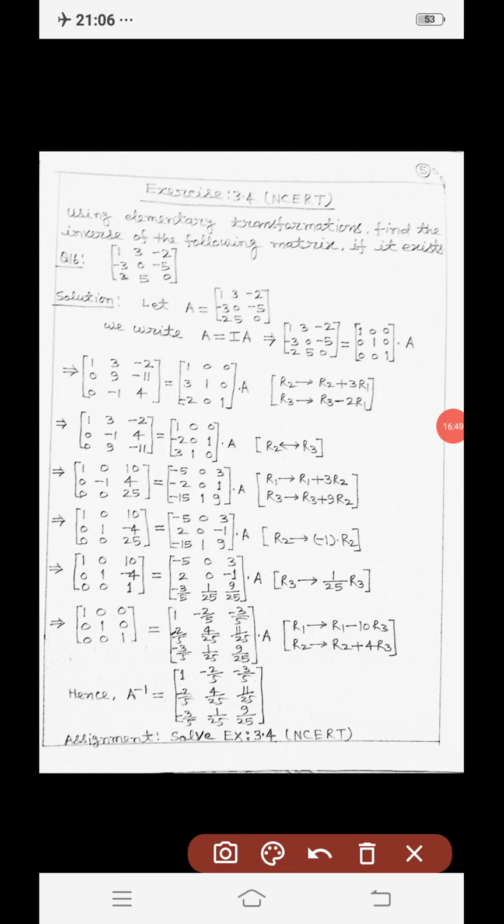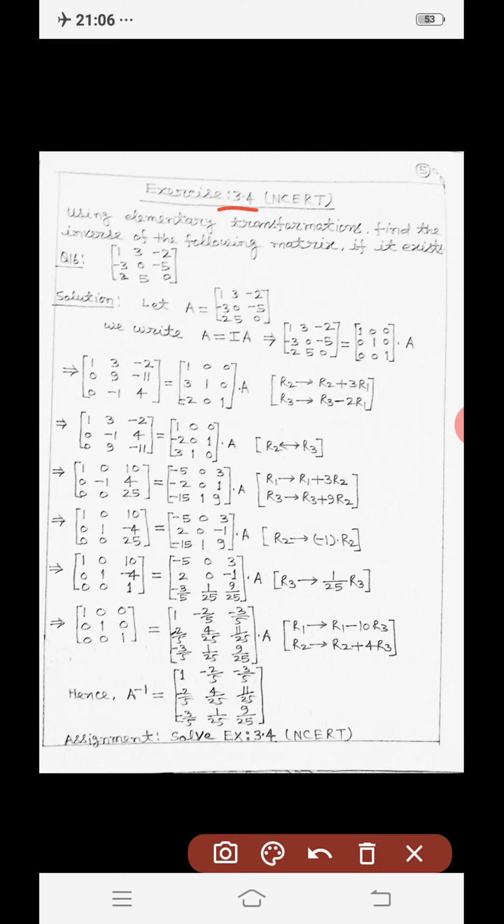Now we will discuss the solution of questions of exercise 3.4 from NCERT. Using elementary transformations, find the inverse of the following matrix if it exists.